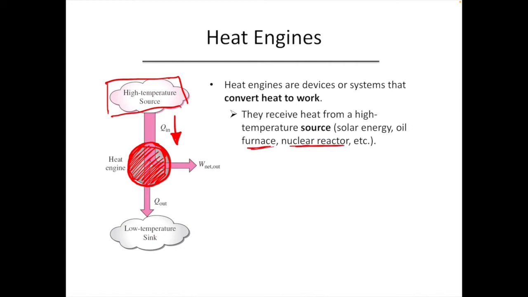The heat engine will take as much of that heat as it can and turn it into useful work. That is our net work output, which can then be used, for example, to generate electricity or to keep a car moving.